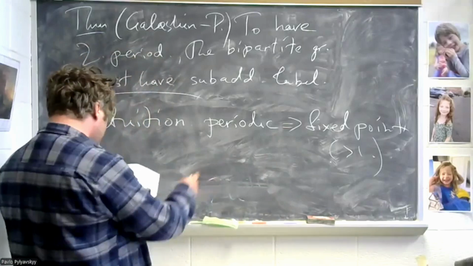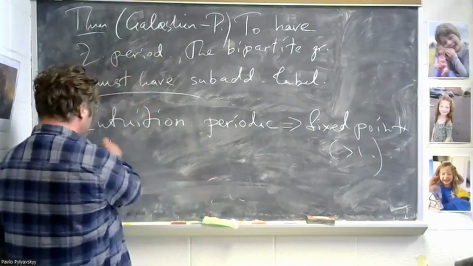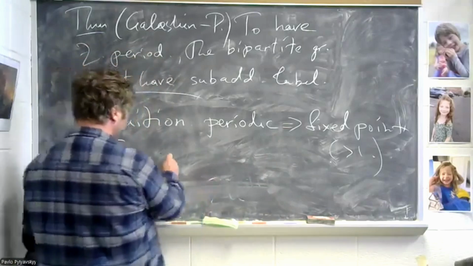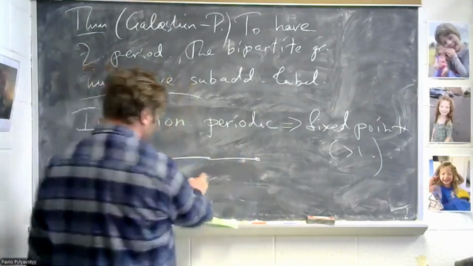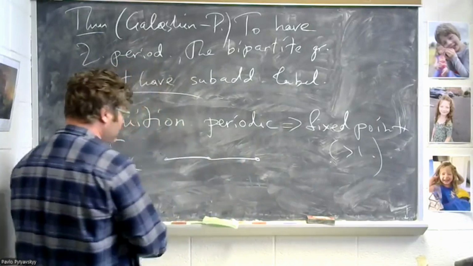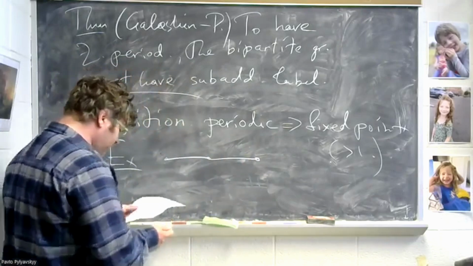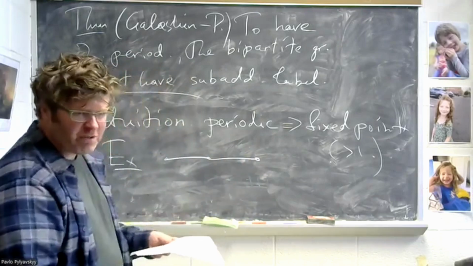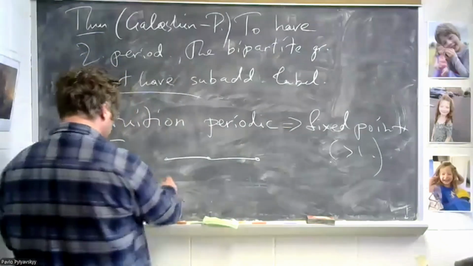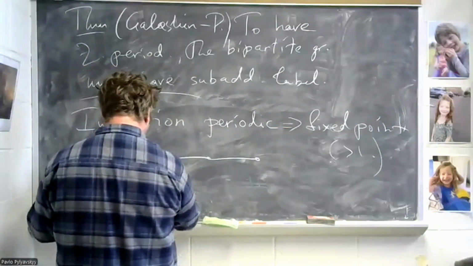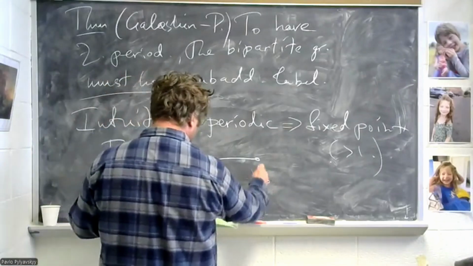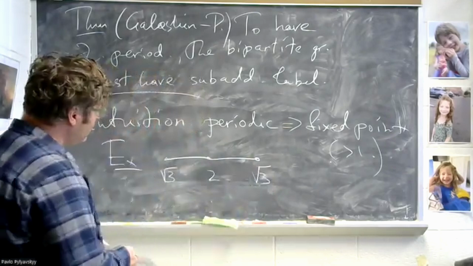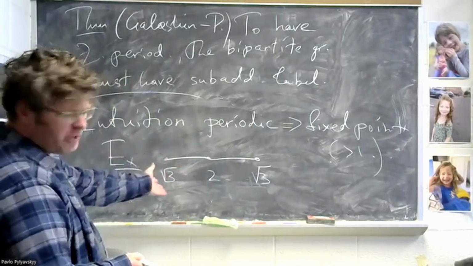And now, by the way, how do you find such numbers? For example, let's say this is our graph. What does it mean to find such numbers which are a fixed point? You just solve some quadratic equations or some kind of equation. So for example, here, I think this works: square root of 3, 2, square root of 3. That's a fixed point where all numbers are bigger than 1.